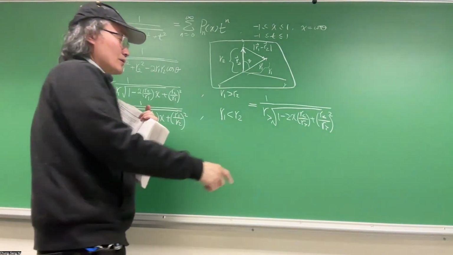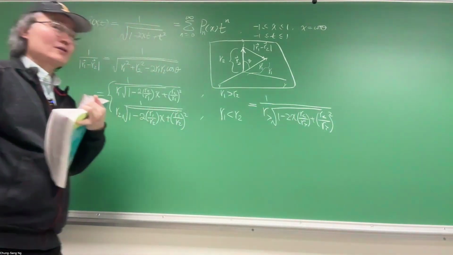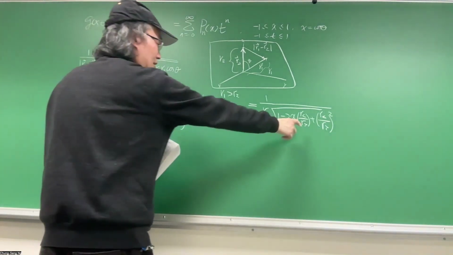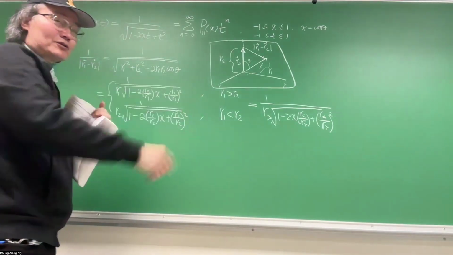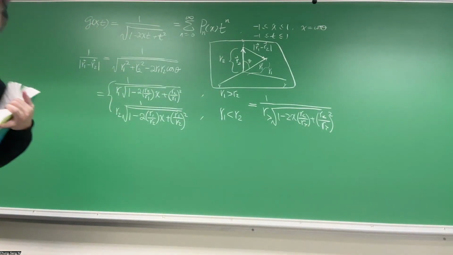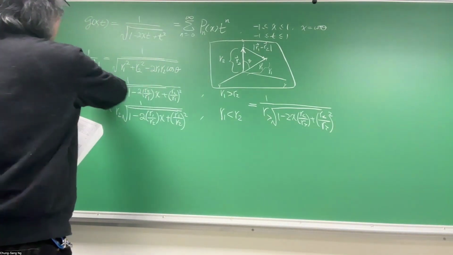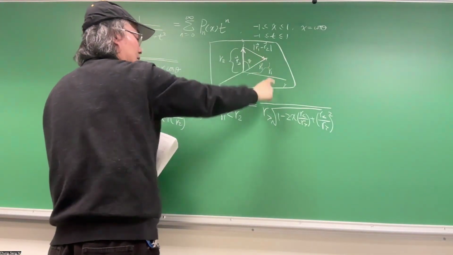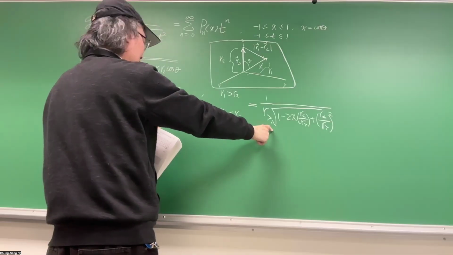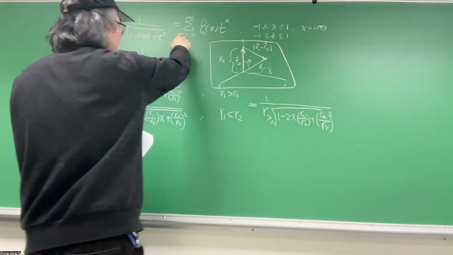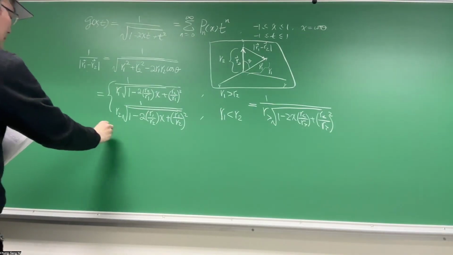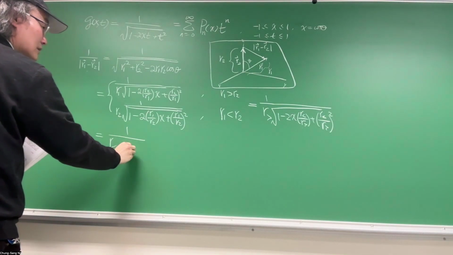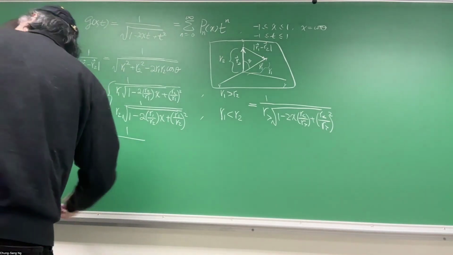So you know what all this means, right? The subscript smaller and larger. It's just comparing R1 and R2, which one is larger, which one is smaller, right? So this object we start with, this geometrical object, the distance between the two vectors, can be written like that. And now the final line will be just applying this generating function.